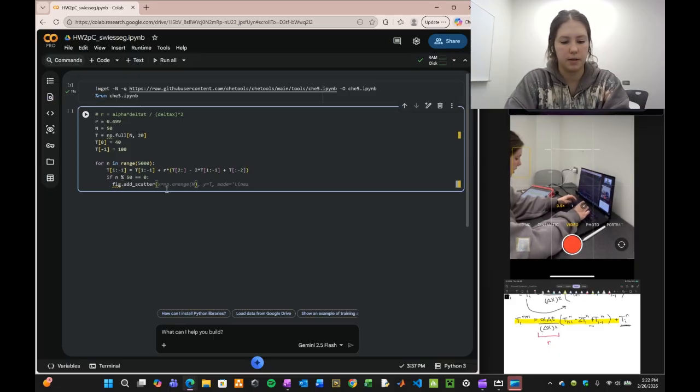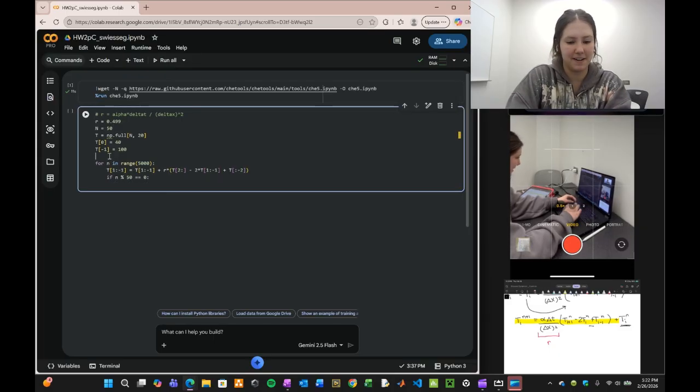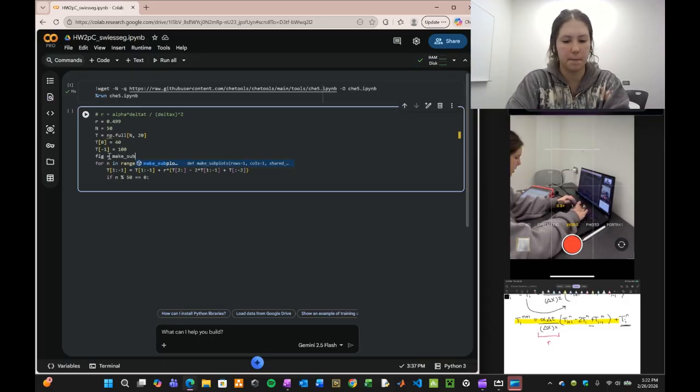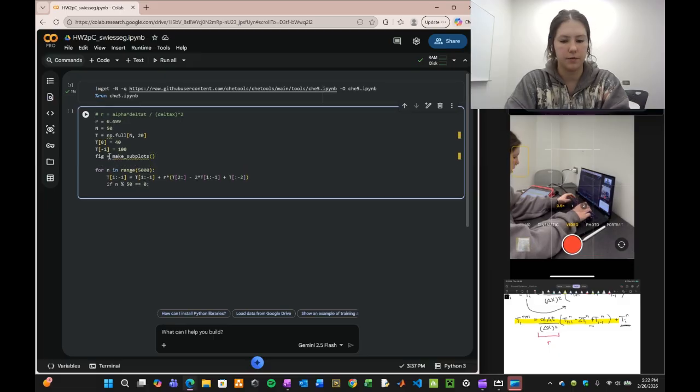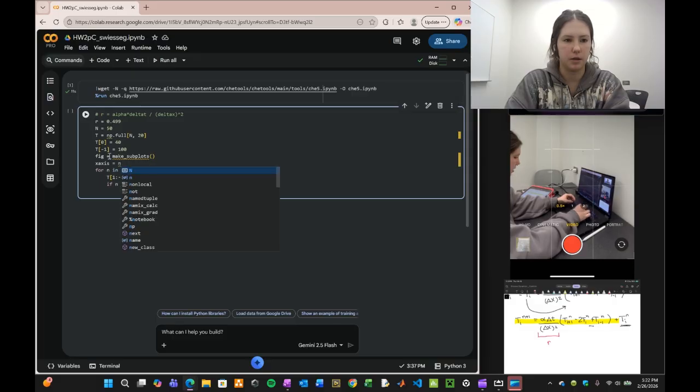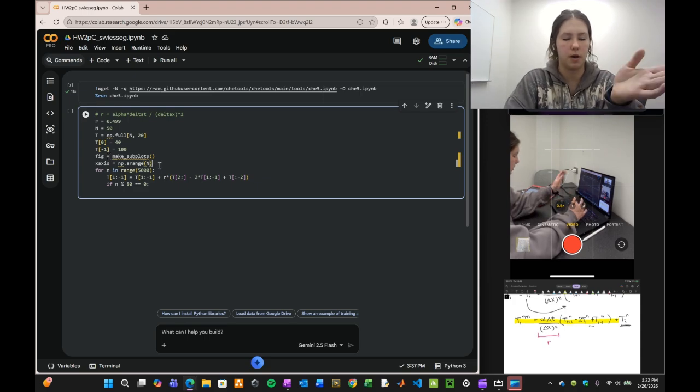Add scatter, or actually I'm going to do it now because we can't do that before. So up here I'm going to say fig equals make underscore subplots. I'll define our x-axis. It'll be a range of n, because we want to see all of our 50 sections.